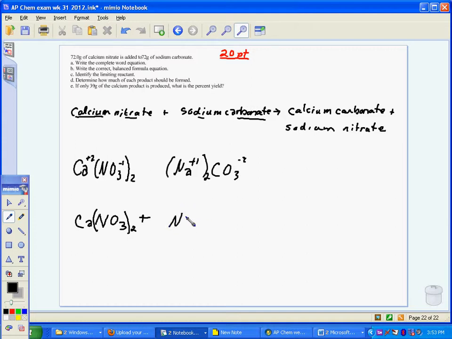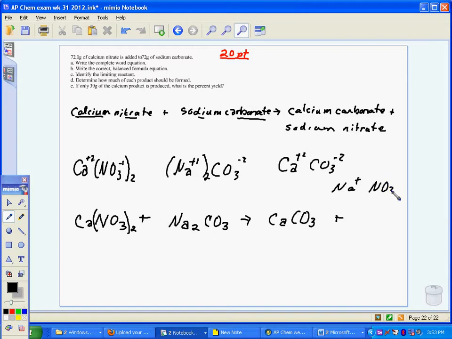So I'm going to write that Na2CO3. Alright, calcium carbonate. Calcium has a +2 charge. Carbonate, -2 charge. Sodium nitrate. Sodium +1. Nitrate, -1.